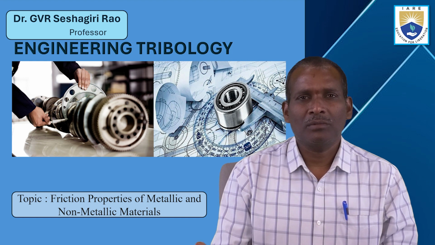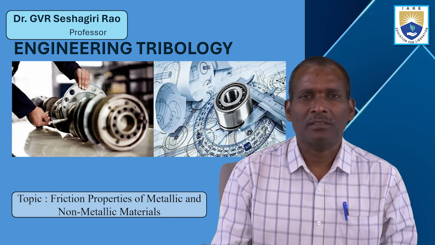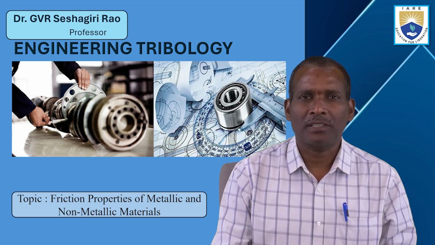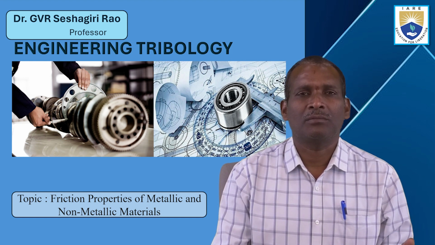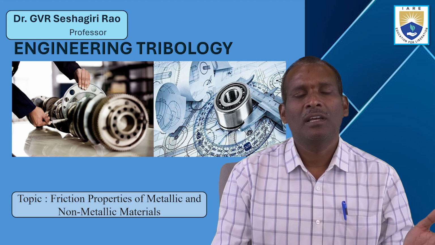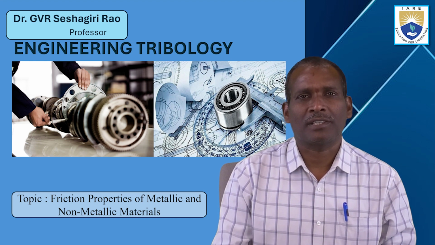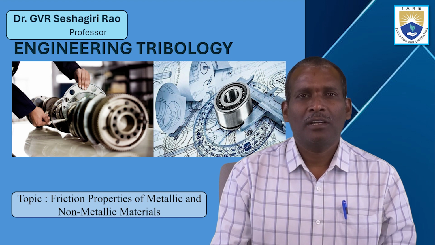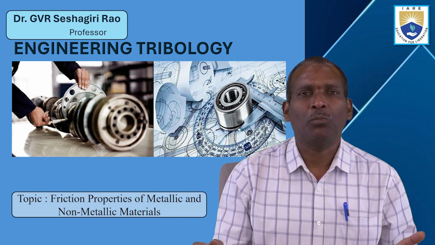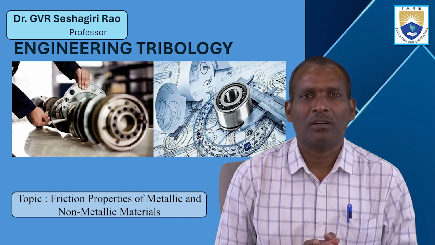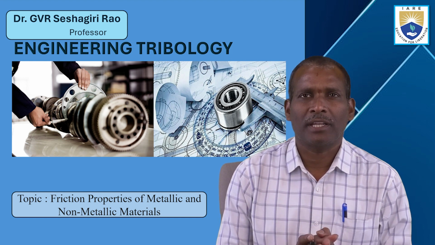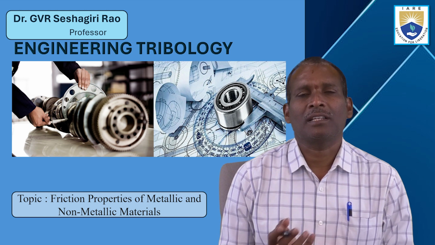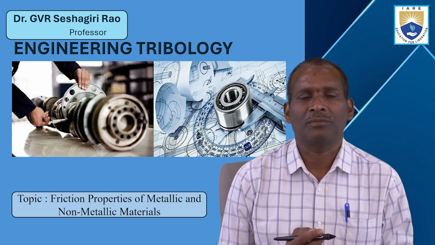Already in previous sessions, we saw the importance of friction and the types of friction. What is the mechanism behind rolling friction and static friction? So today we will discuss the important friction properties of materials. One is metallic materials, another is non-metallic materials.